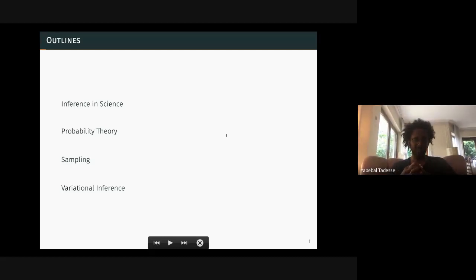Then there is something you sometimes need to sample. Almost everything is a sample. All the data that you get is a sample, because very rarely do you get the entire universe of data.